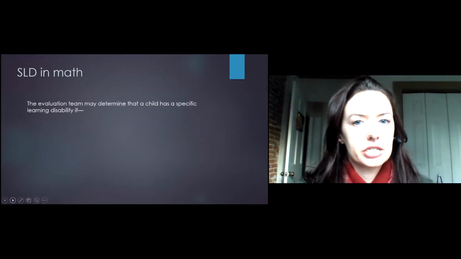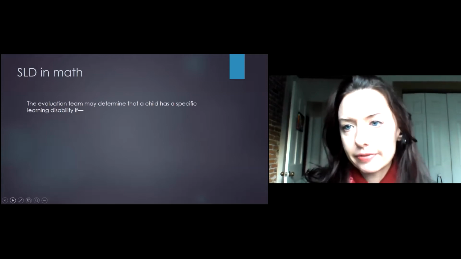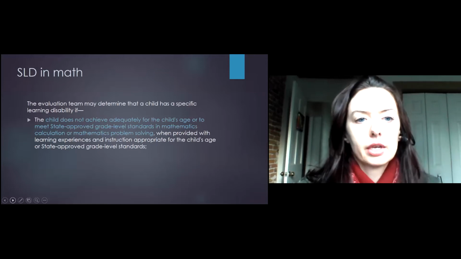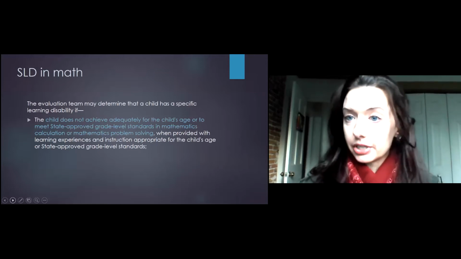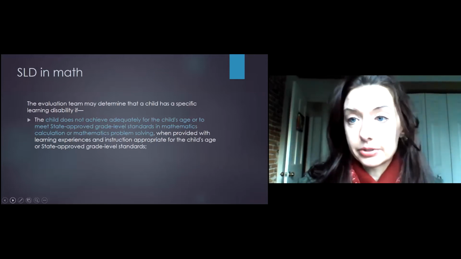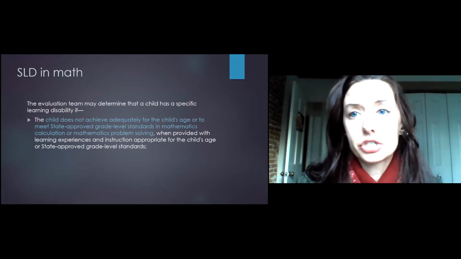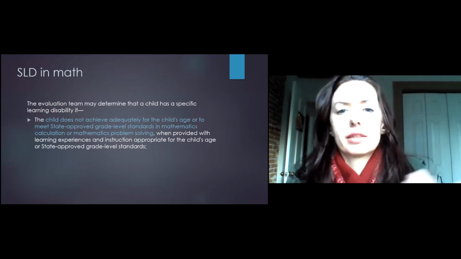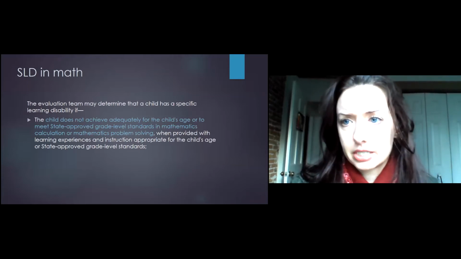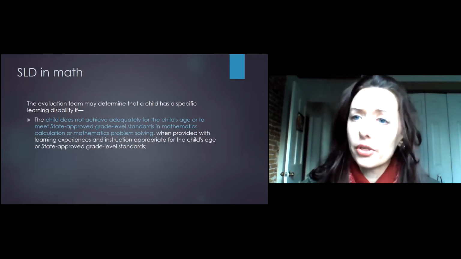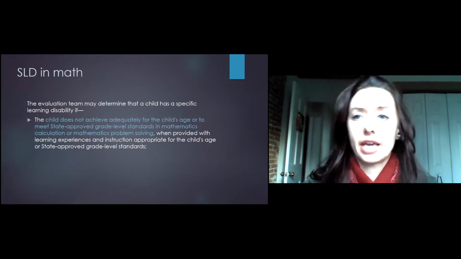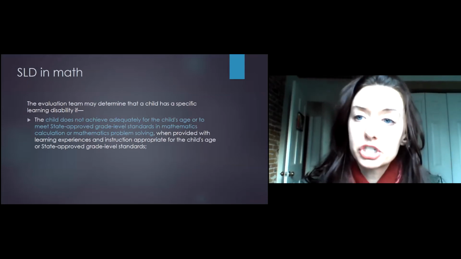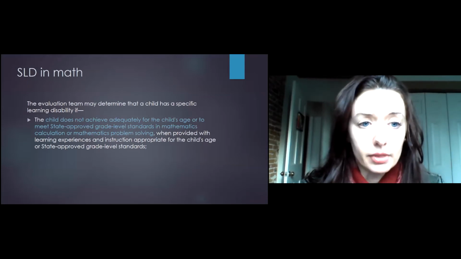All right, so how do we determine if a student does indeed have a math learning disability? Well, here in the US, we look at their grade level standards. And so in the chat, I am just going to post the example of the Massachusetts standards. So these are all the standards for all the grade levels, K through 12, of what typical students should be achieving at grade level.